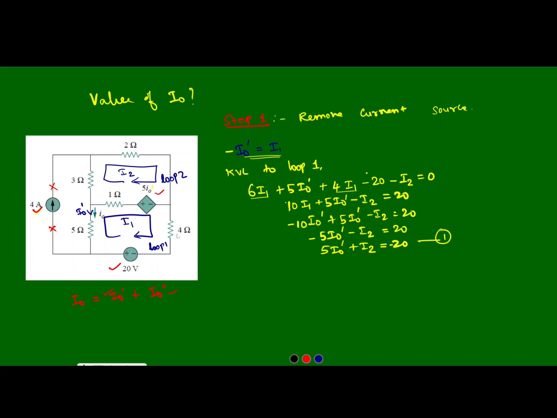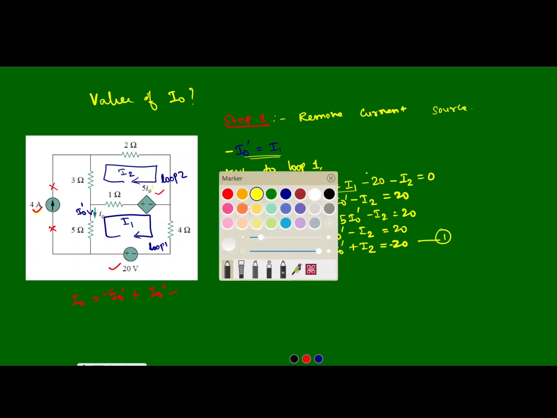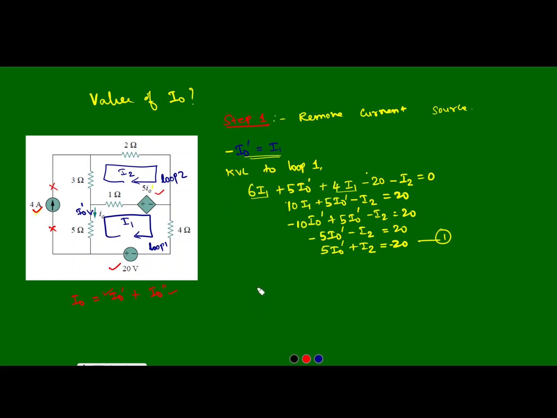Next we need to apply the KVL to loop 2. In this, 1 ohm resistor, 3 ohm resistor, 2 ohm resistor are connected in series. So we can directly write 1 plus 3 is 4, plus 2, 6 I2, and the arrow finally meets the negative terminal of the dependent source. So we can write 5 I0 dash, and the 1 ohm resistor is having the effect of current I1 also.